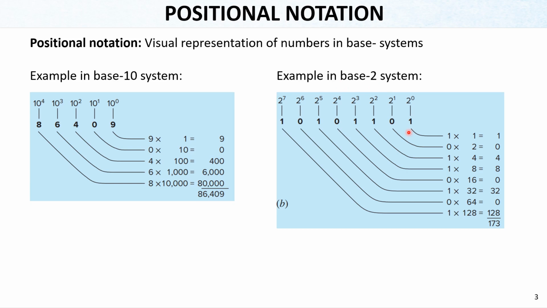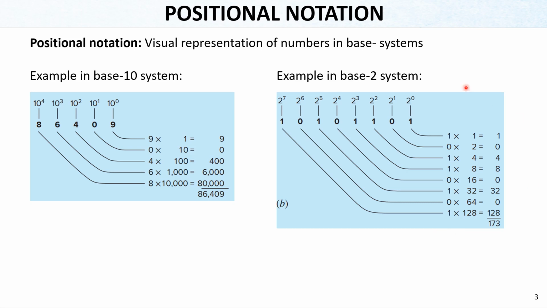In base 2, we have a similar notation. Powers are from 0 to 7, increasing, and we multiply them with the numbers that we write. Here we sum them up, and get 173, for example. Here we can define another term, positional notation, which is a visual representation of the numbers in base systems.